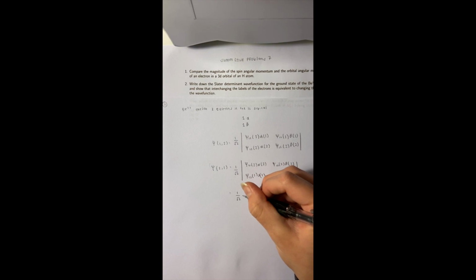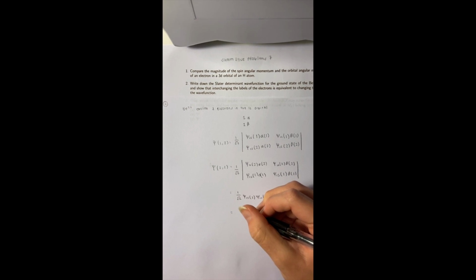Alright, so we can simplify that down to 1 over root 2 psi 1s(1) psi 1s(2) times alpha(2) beta(1) minus alpha(1) beta(2).